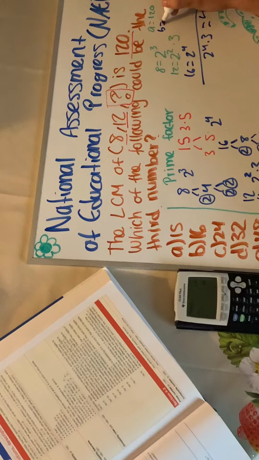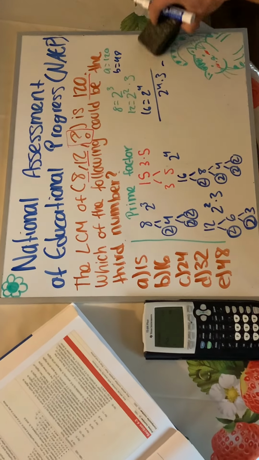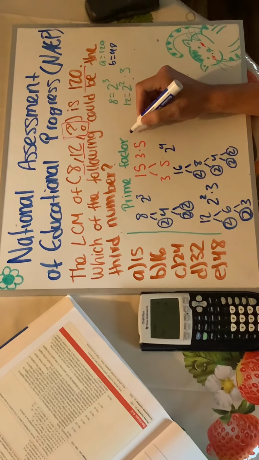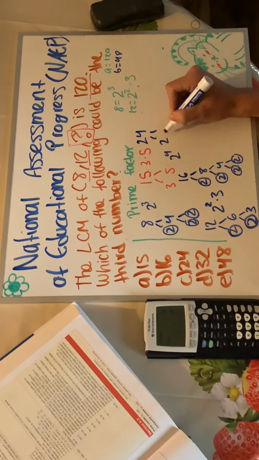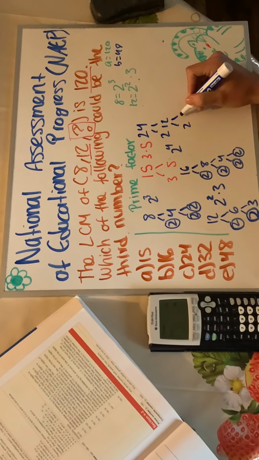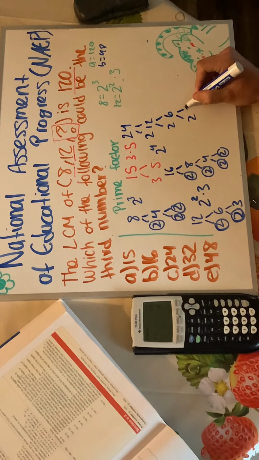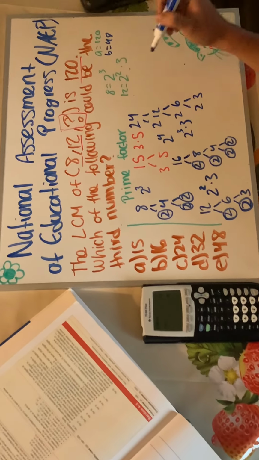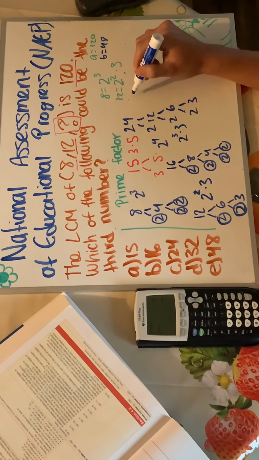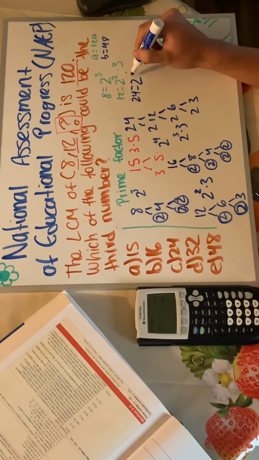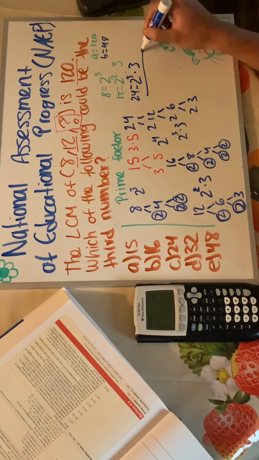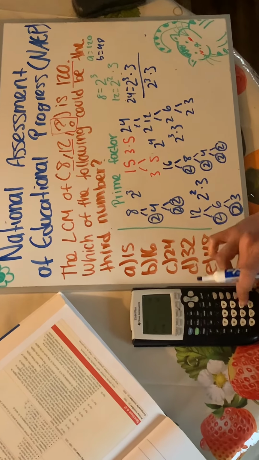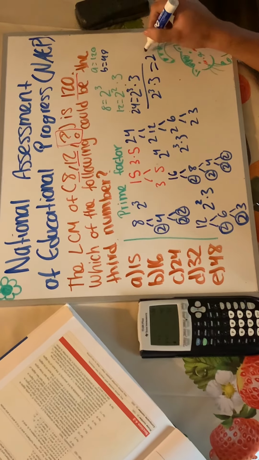So B is 48. Now 24. It's 2 and 12. 12 is 2 and 6. 6 is 2 and 3. That's 2 to the cube times 3. So 24 is 2 to the cube times 3, which is 24.